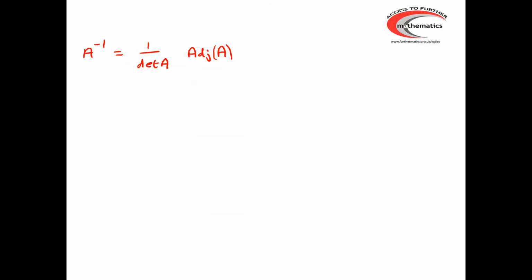And finally, the inverse matrix is 1 divided by the determinant times the adjugate matrix. So I've now got my expression for the inverse matrix of A.